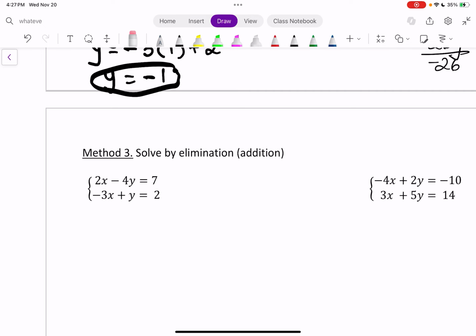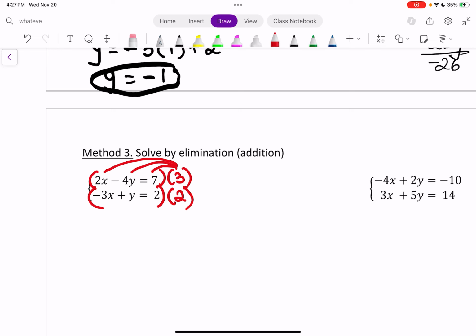However, what would be really helpful is if the coefficients in front of x or y are what we would call opposites of each other. So here it is. Let me show you, I'm going to take the top equation and multiply by 3. Take the bottom equation and multiply by 2. So what I mean by this is that every single term in the top equation is going to get multiplied by 3.